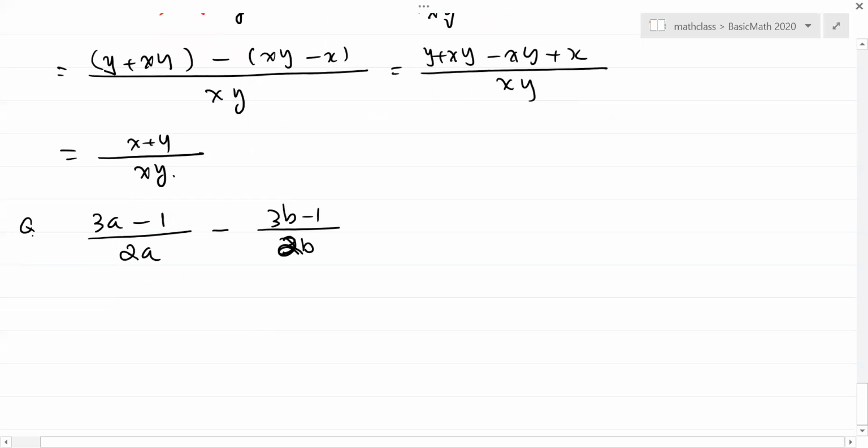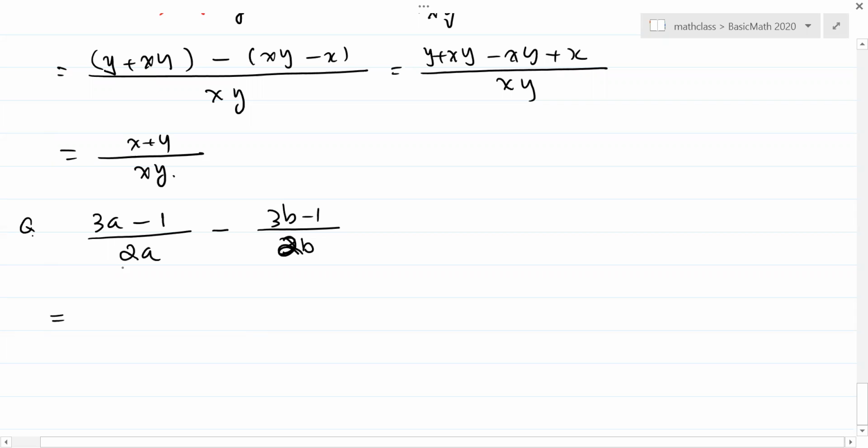The only difference is here, you see, in the a and the b. 2a and 2b do not have a common denominator. You have to make them have a common denominator.